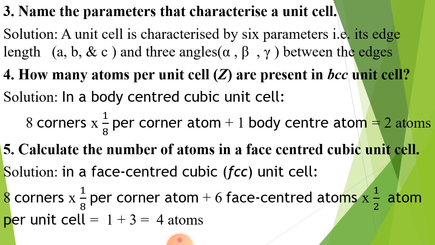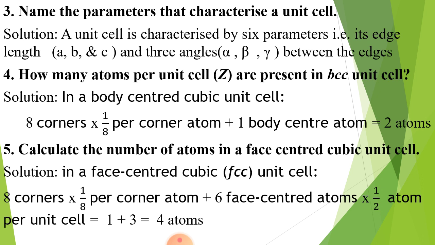So you can write the answer like this: 8 corners into 1/8 per corner atom plus 1 body center atom. On solving this, you get a total of 2 atoms. So you have to learn that BCC contains 2 atoms per unit cell.